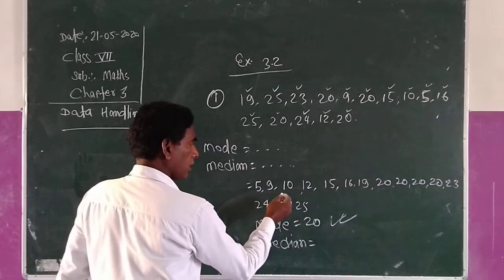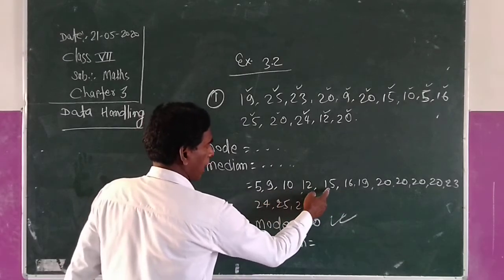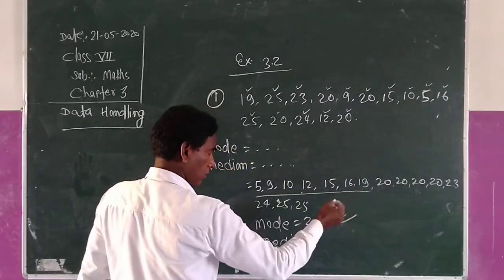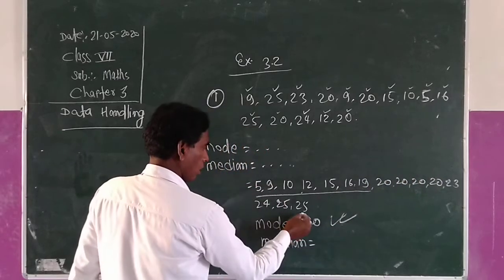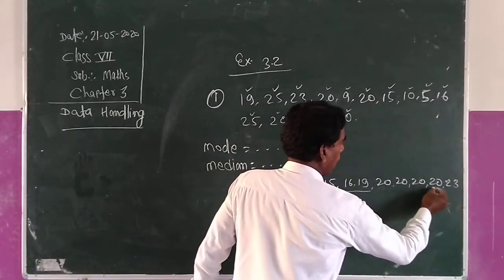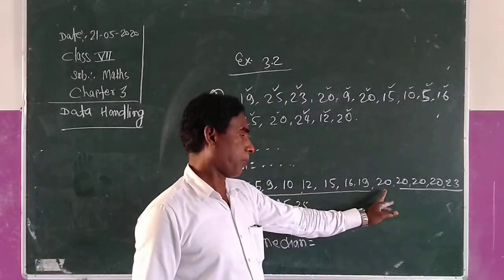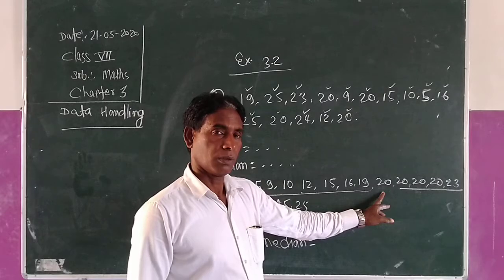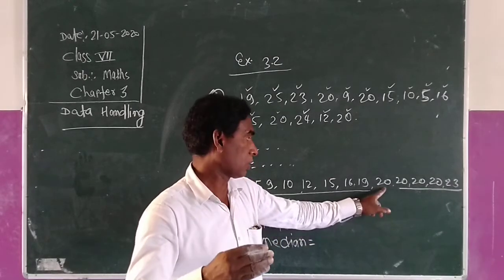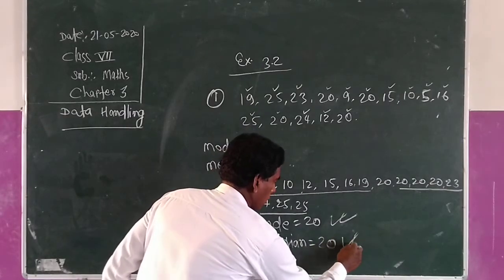So you take the first 7 in one place: 1, 2, 3, 4, 5, 6, 7, and 7 on the right: 1, 2, 3, 4, 5, 6, 7. And the middle value, with half before and half after, is 20, therefore the median is also 20.